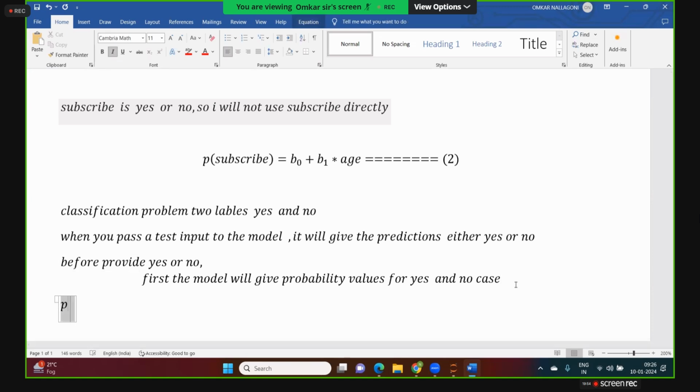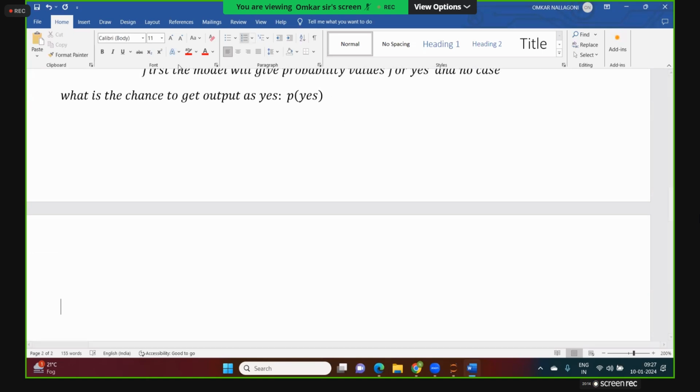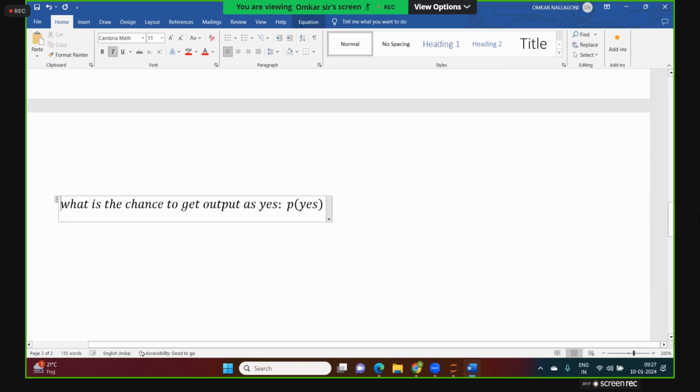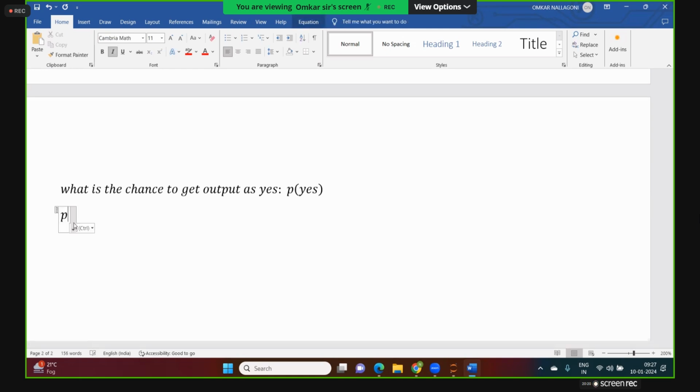Which means, what is the chance to get the output as yes? That is nothing but probability of yes. And similarly, what is the chance to get the output as no? That is called probability of no.